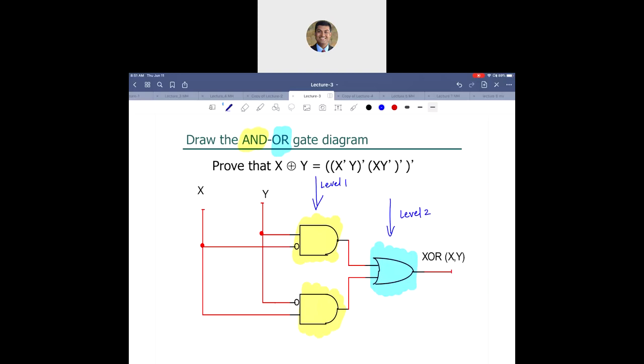All right, let's see. Is this diagram a correct representation of exclusive OR? Let us try to check. If you have inputs X and Y, at the first gate, what do you have? You have X complement, right? Because here you have X complement, and here you have Y, and they're getting ANDed.